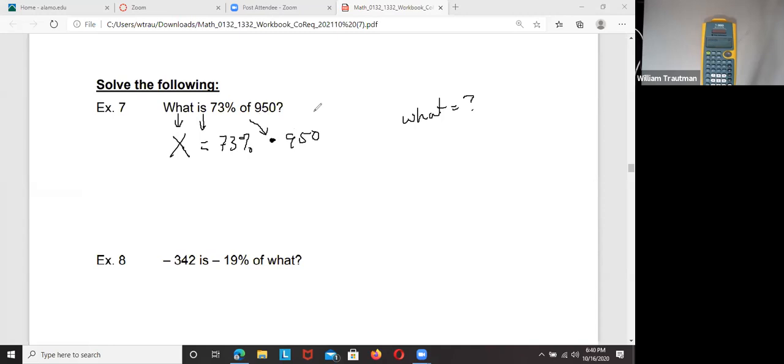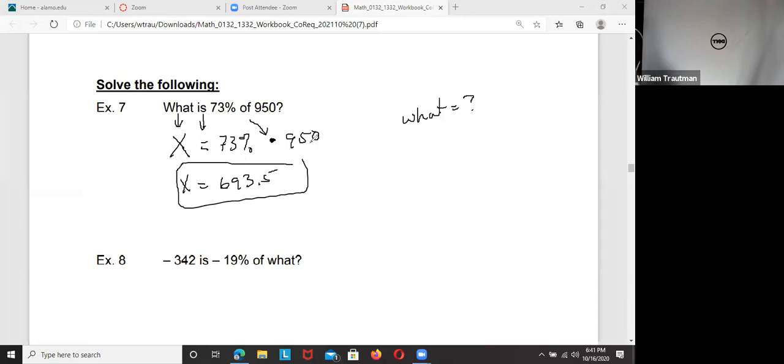So just put 73% times 950 on your calculator. X equals 693.5. So all we're doing is typing that into our calculator.